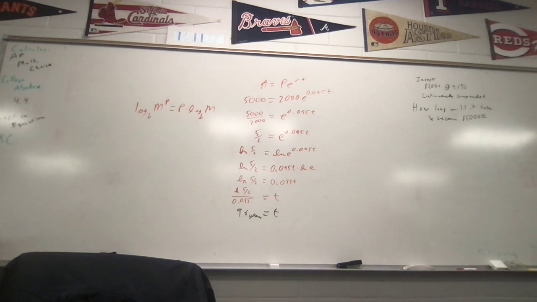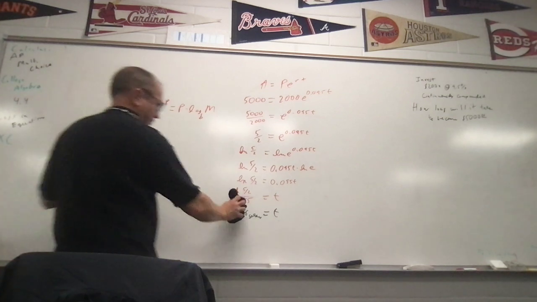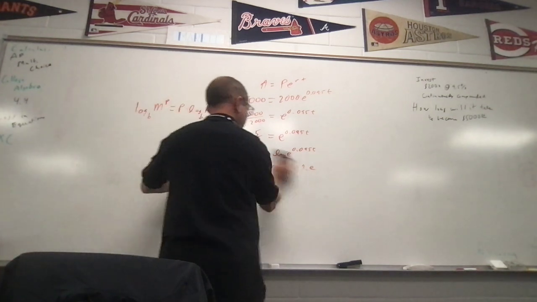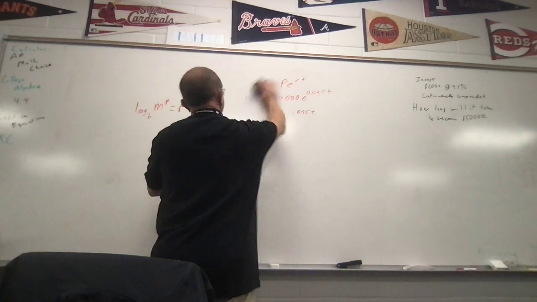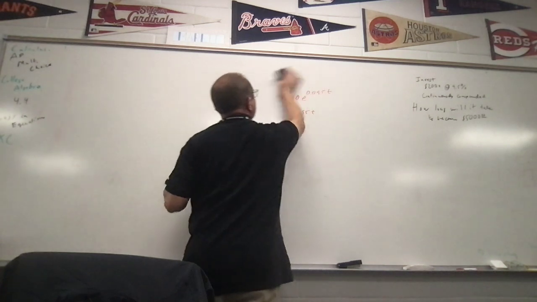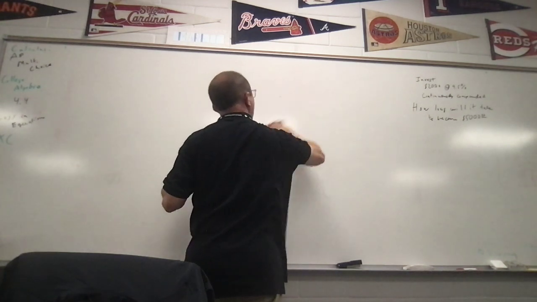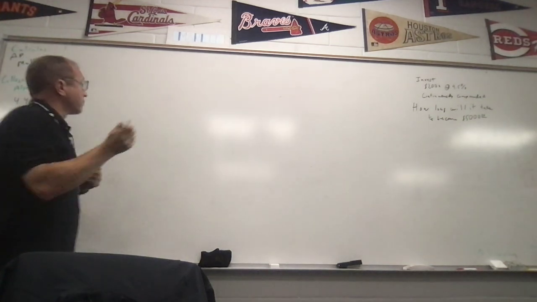So let's keep moving on with logarithms. Now, in just a regular logarithmic equation, there are 2 strategies. One of the strategies is to get a logarithm set equal to a value.